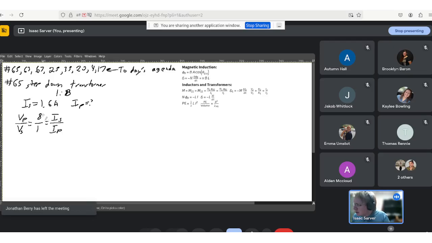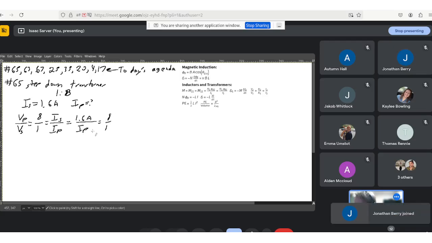So we're stepping down 8 to 1, so 1.6 amps divided by IP is equal to 8 to 1. I want the IP.